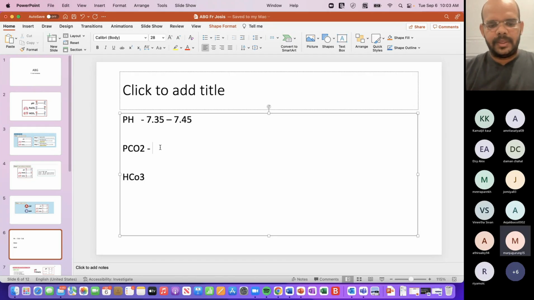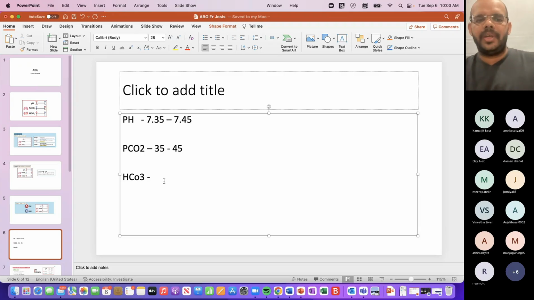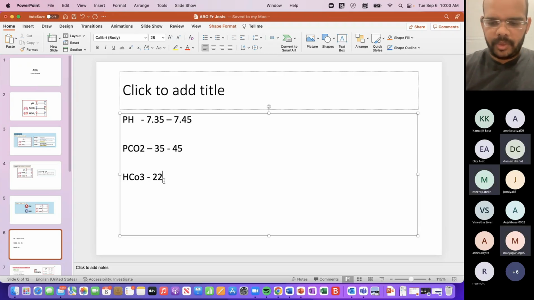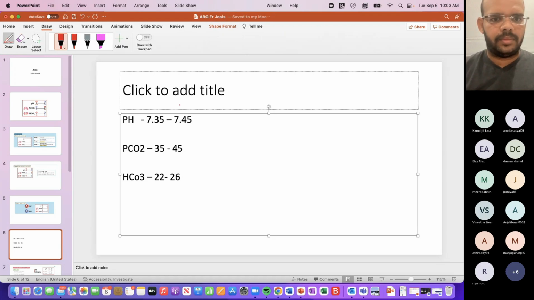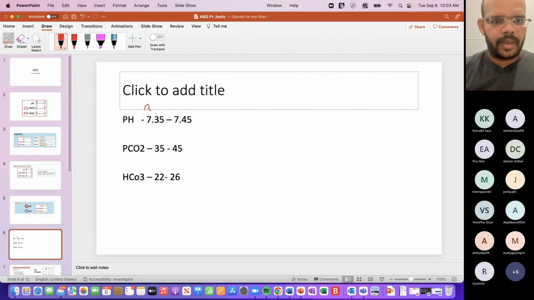PCO2 normal is 35 to 45. Then HCO3 normal is 22 to 26. Now you can mark like this. So here A, this is B. This is B. This is A, A, and this is B.